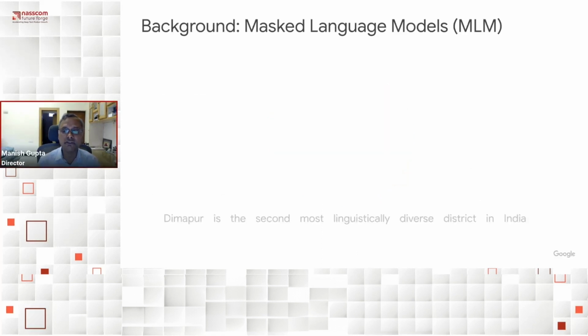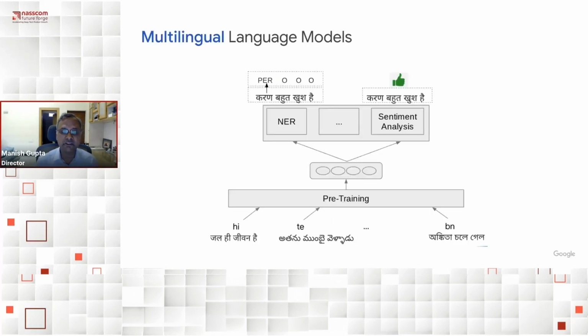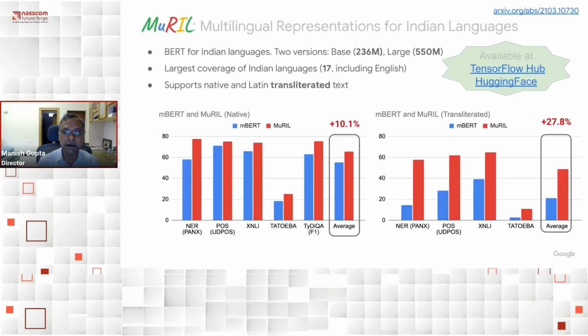So, starting with the concept of masked language models that was developed in the original class of large models like BERT, where you mask out a certain percentage of the words and train a language model to predict those missing words, we started training it with a lot more Indian language data, and built this model called MuRIL, which at that time, a few years ago, had the largest coverage of Indian languages: 16 Indian languages plus English.